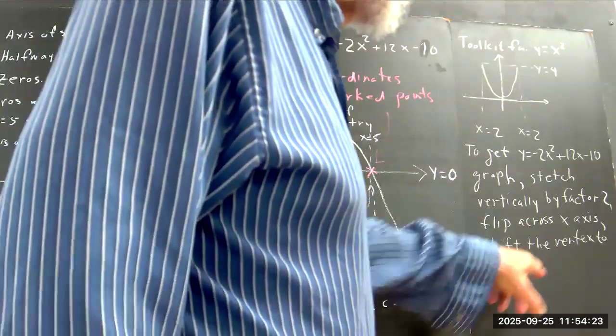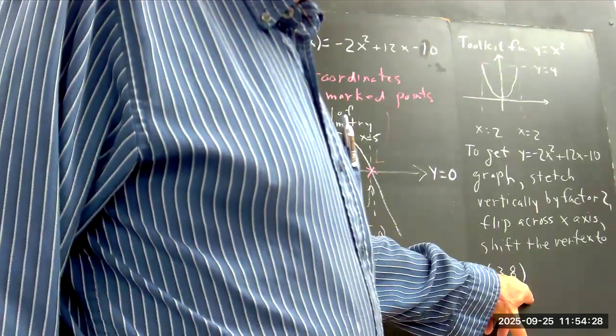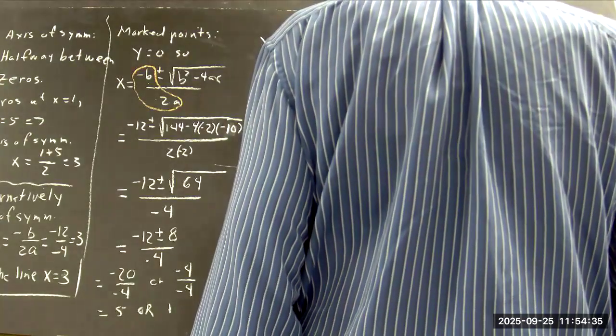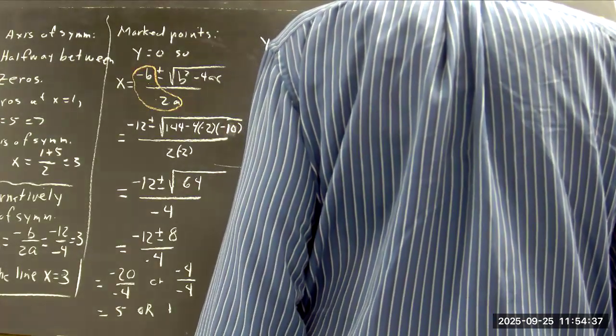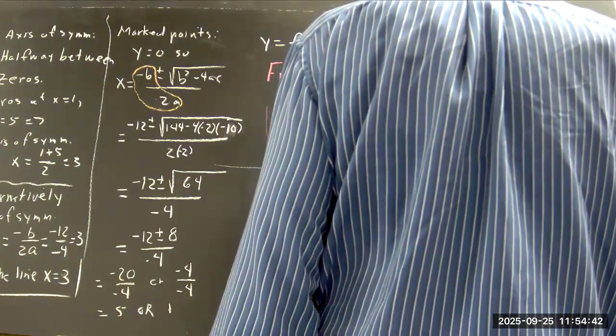So we know if we shift the vertex to 3, 8, we got to shift it 3 units horizontally and 8 units vertically. Okay. So we've shifted 3 units horizontally. Eight units vertically.